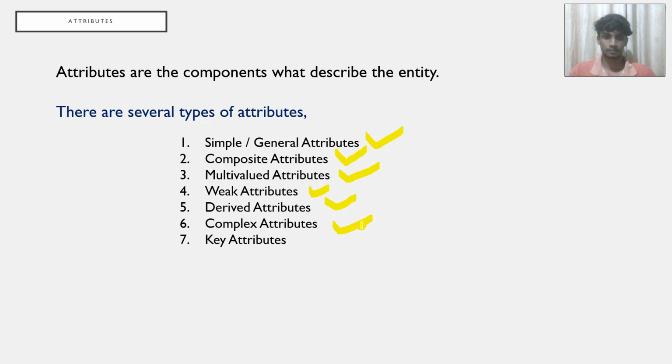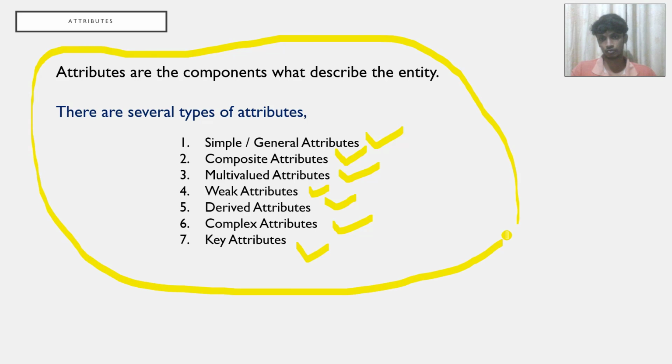Then the key attributes. Key attributes are unique, and those can't be multi-valued. I discussed those facts in the first video. Basically, those are everything that you should know under attributes. So yeah, this is the end of the second part. And in the third part we will discuss relationships.